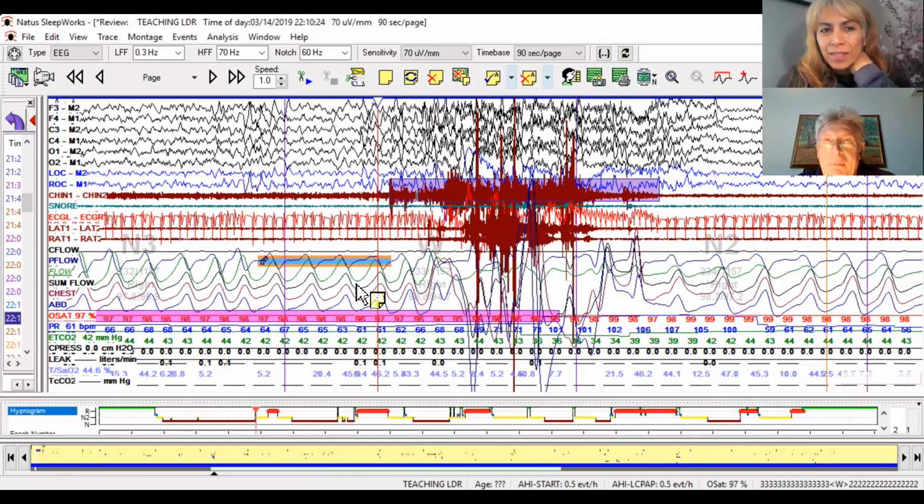The problem, in my view, is that there is an initial assumption, how do you call an original sin, that movements that occur with respiratory events are caused by the respiratory event.